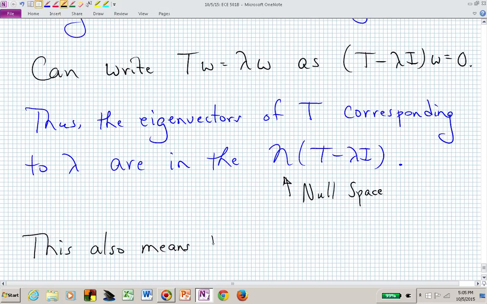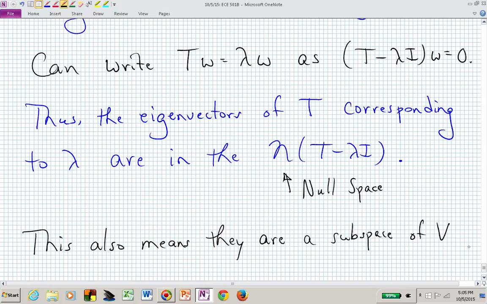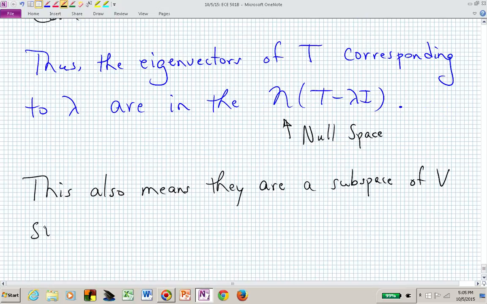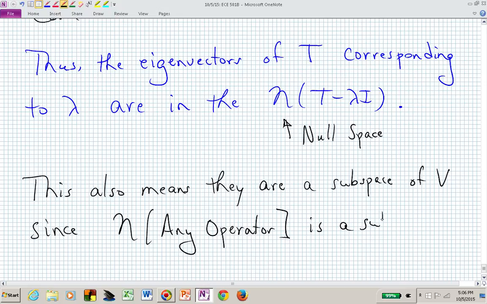This also means they are a subspace of V, since the null space of any operator is a subspace of V.